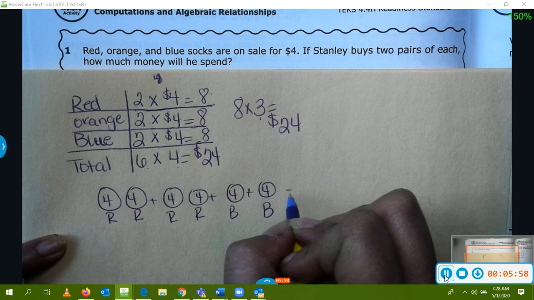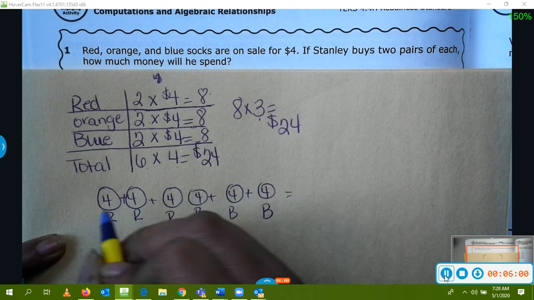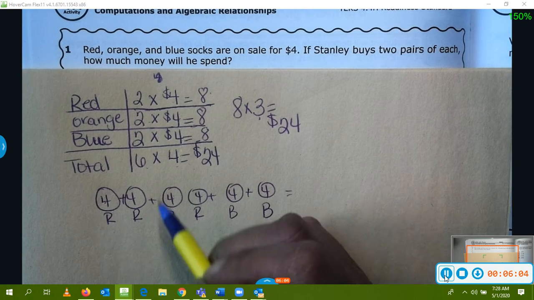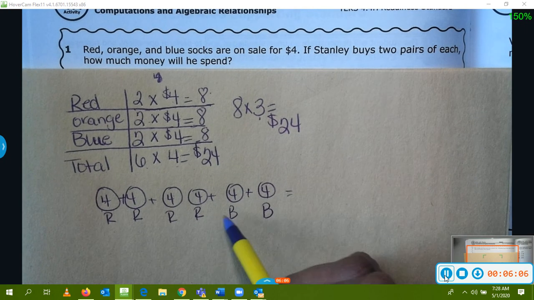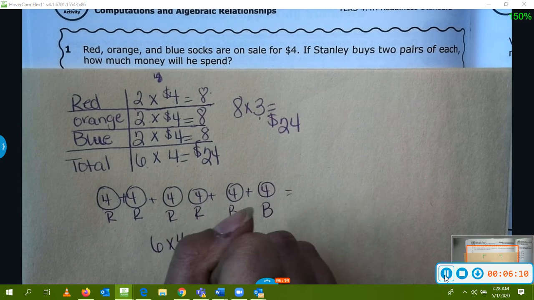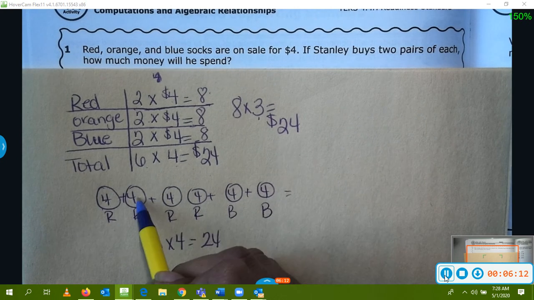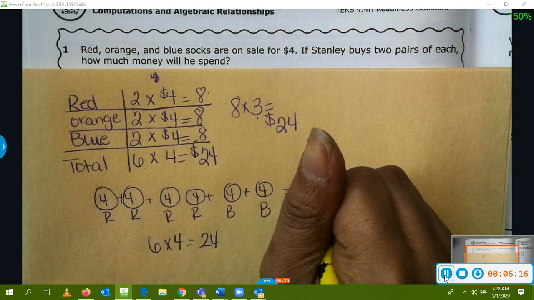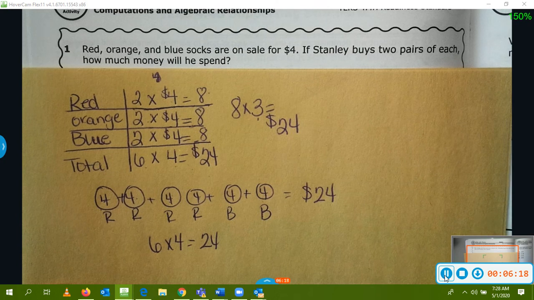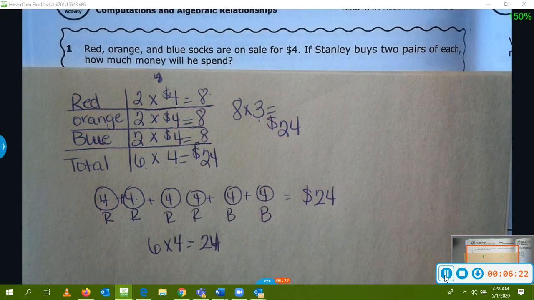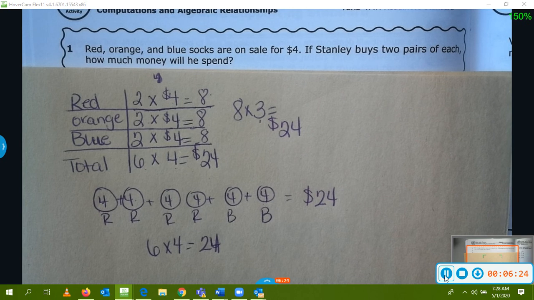So we can add them up, or you can simply multiply. 1, 2, 3, 4, 5, 6. 6 times 4 equals 24, or 4 plus 4 plus 4 plus 4 plus 4 plus 4 equals $24. There are many ways you can attack this problem and solve it to get the correct solution.